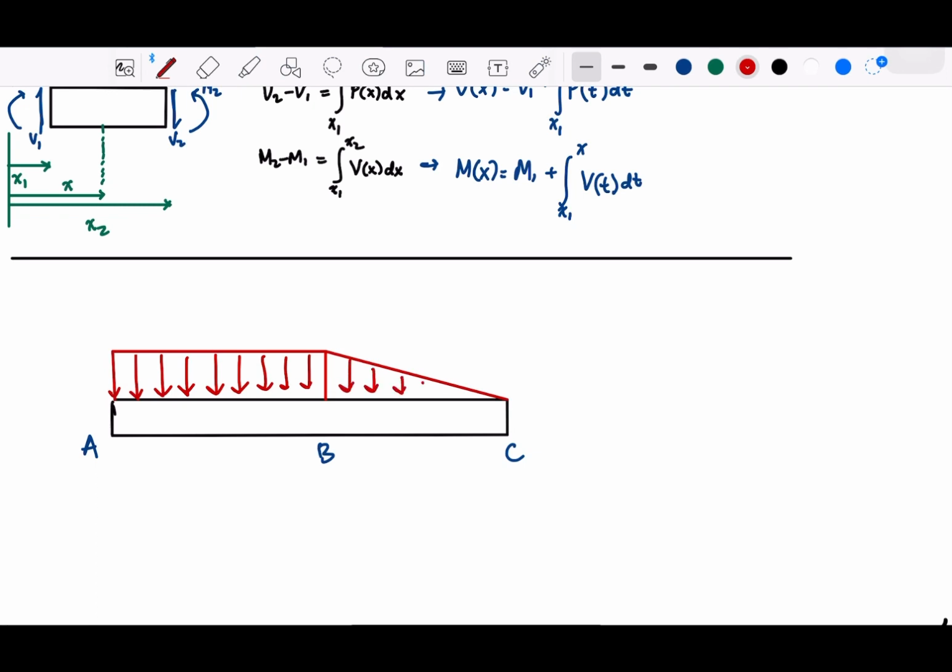Remember, the integral is about the area under the curve. So if you are given an area that has a specific geometry, what you need to do is just find those areas, so you just multiply to get the area.